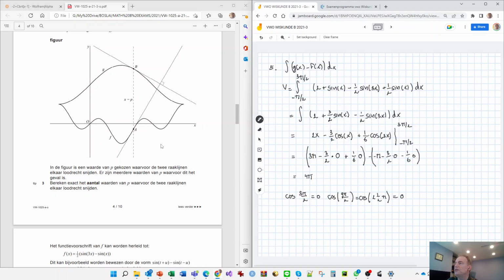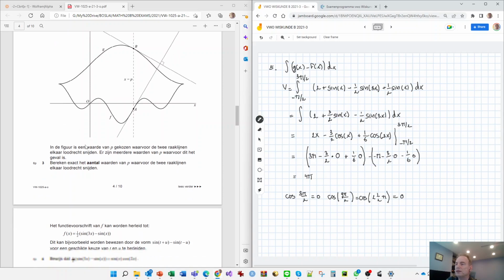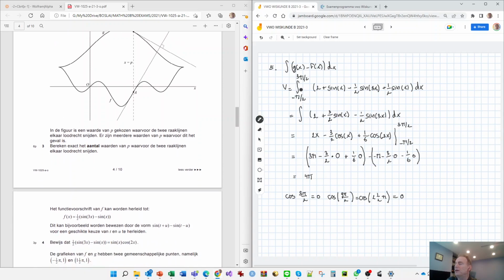Okay, so what we need to do is the integral between the points given of t minus f. And that is just written here.